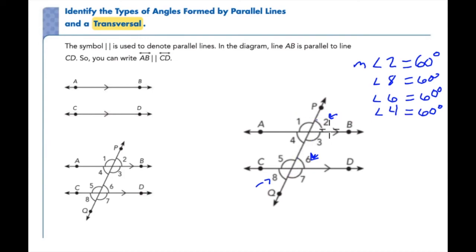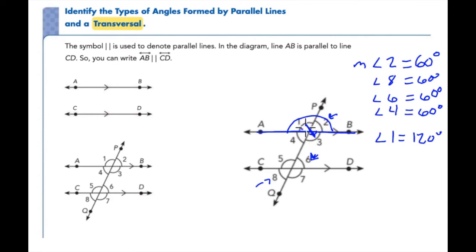Now to figure out what the other angles are, because 1 and 2 are on this straight line here, if 2 is 60, a straight line has a measure of 180 degrees. So if angle 2 was 60, angle 1 then has to be 120. I could look at 1 and 3, and 1 and 3, they're created by a pair of intersecting lines. These would be vertical angles too.